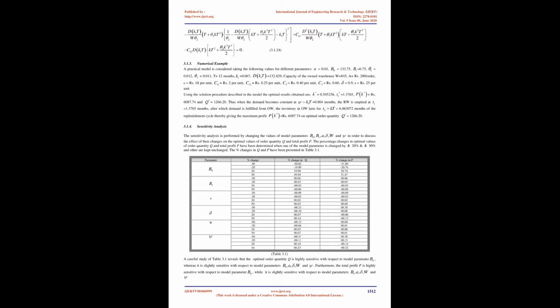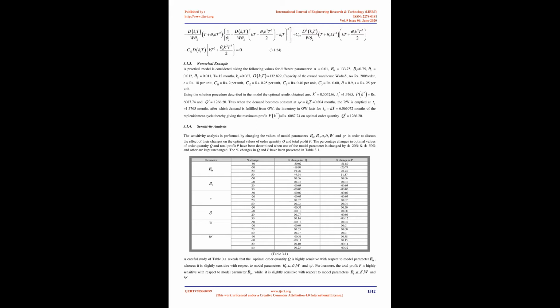Singh et al., 2017, proposed a production inventory model for deteriorating items with time-dependent demand rate and demand-dependent production rate, considering that shortages are allowed and partially backlogged. Singh et al., 2019, developed an inventory model for deteriorating items with partial backlogging assuming incremental holding cost.